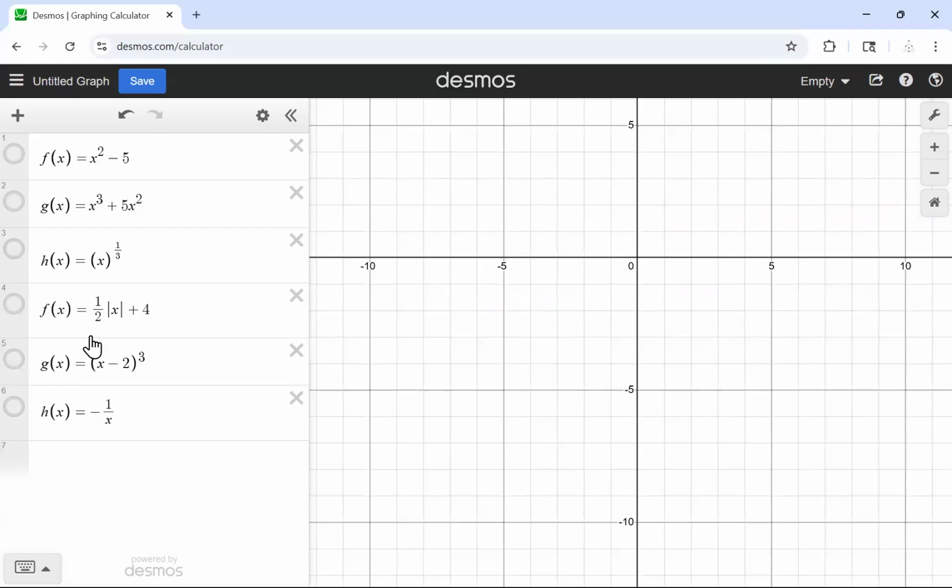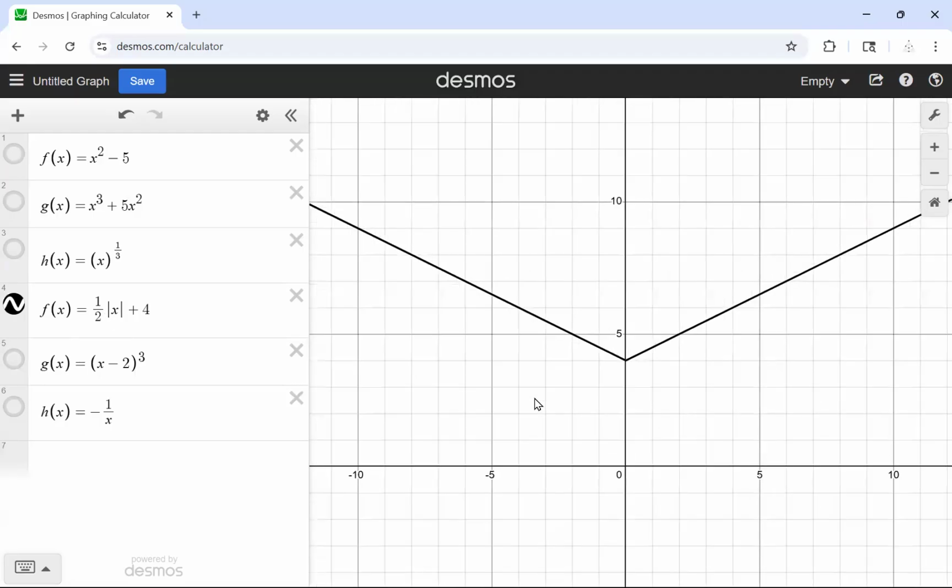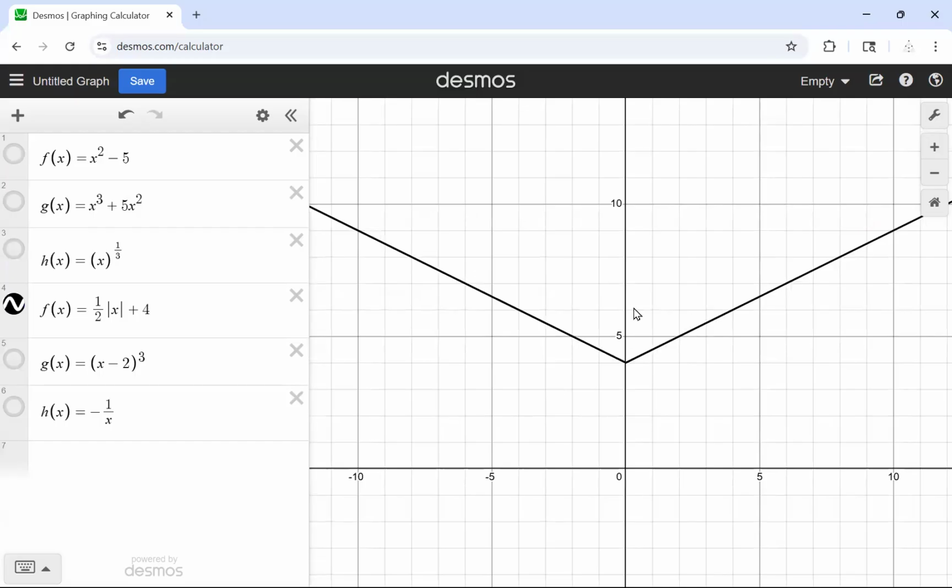On the next page, we had f of x is equal to 1/2 times the absolute value of x plus 4. And when I look at this, we can see that it's symmetric with respect to the y-axis. And therefore, this is the graph of an even function.